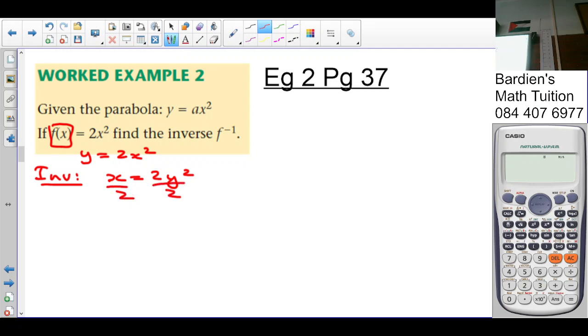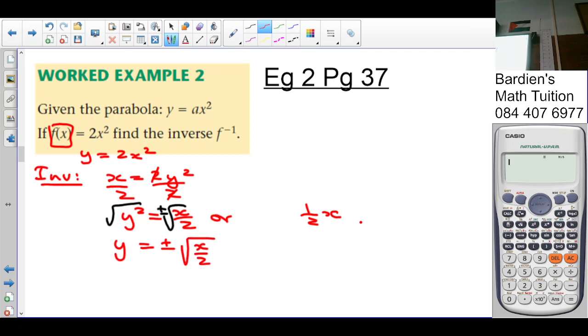I can't go straight to square root because of that 2. So that cancels. So y squared is equal to x over 2 or 1 over 2x. Both is correct. Okay? What do I do now? Square root. If I introduce square root, I must not forget plus minus. So y is equal to plus minus the square root of x over 2.